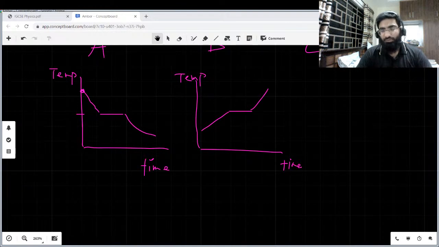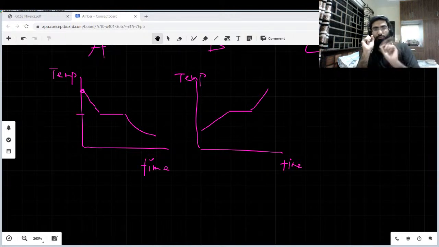What is happening here is that we have studied the kinetic molecular theory for solids, liquids and gases. When we are heating a solid, initially when we provide heat, the temperature rises because the molecules of the solid are vibrating more vigorously. When I keep on adding heat, a point would come when the intermolecular forces would break down.